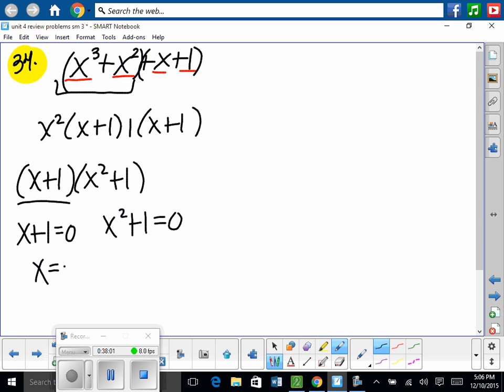So I get x is equal to -1, x is equal to plus or minus i. I skipped steps, but that's very similar to another problem we've done, almost identical. It is identical, actually. So if you need help on that one, go back a little bit ago when we were solving by factoring by grouping, because this is actually the same problem, but you didn't realize it.